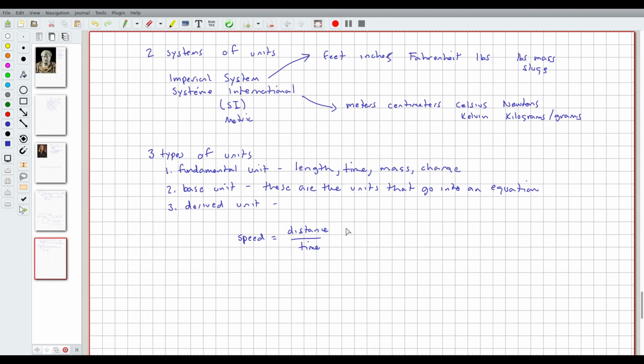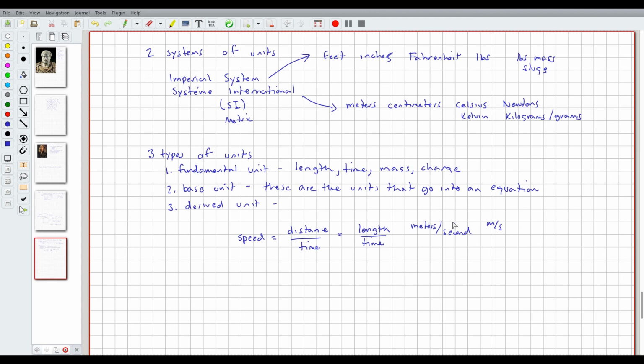Okay? Now, distance is a length. So from a unit standpoint, if you were working, we'll say, in the SI system, meters per second, or meters per second like this, would be the units of speed.